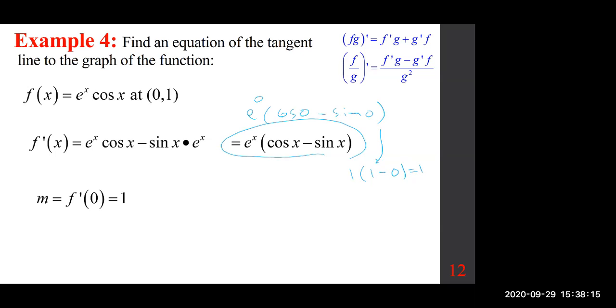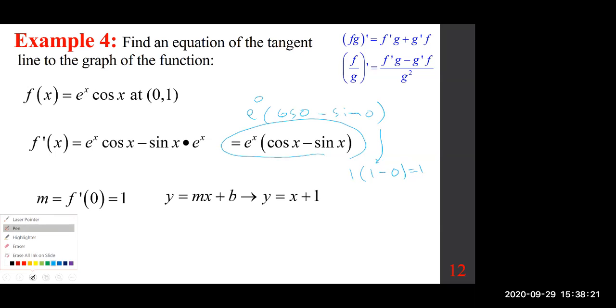That's how we get 1. And y equals mx plus b can be used simply because, and I want everybody to understand why, the given pair 0, 1 is the y-intercept. The given pair is the y-intercept, everybody, otherwise you can't. And so simply put, that's your b.